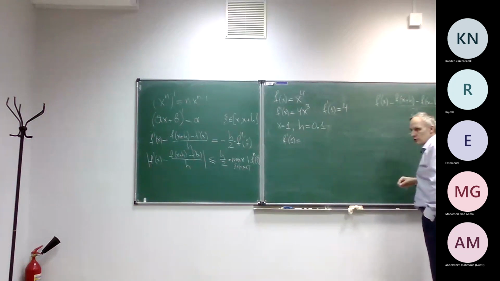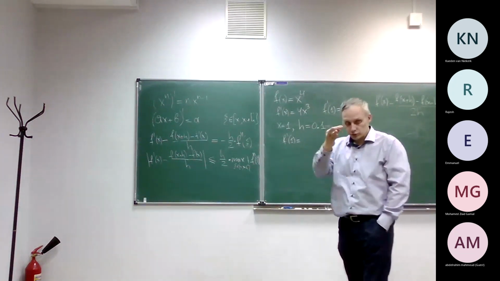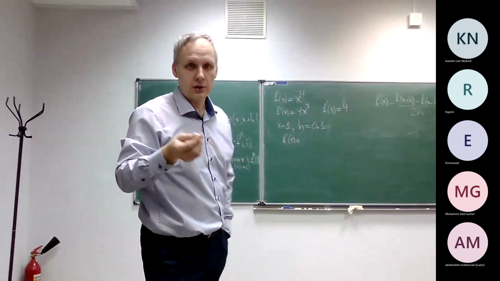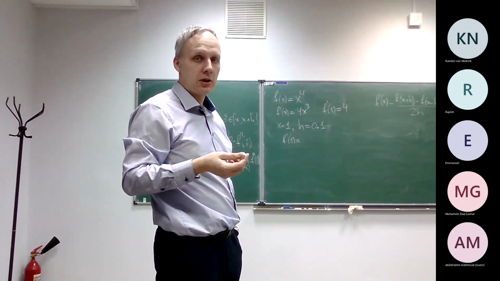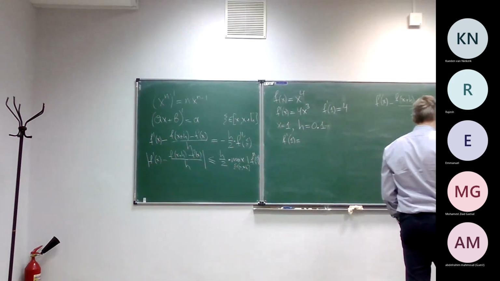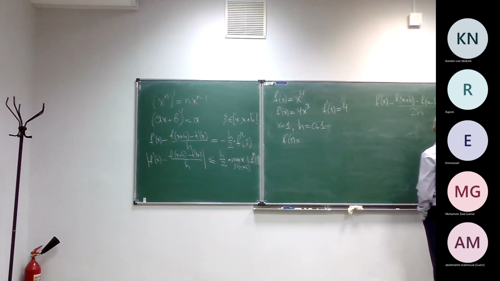And it equals, according to the formula that I just showed you in the presentation, minus h squared over 6 times the third derivative at the point c.